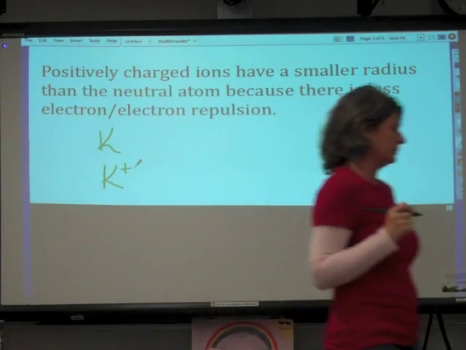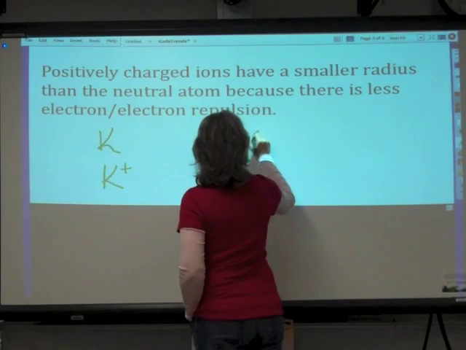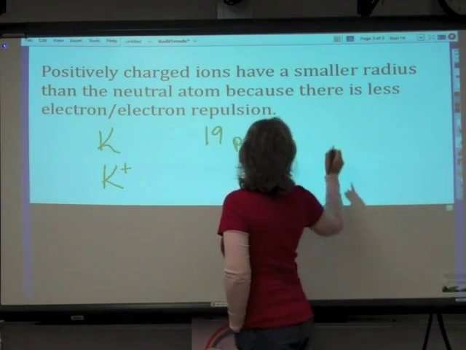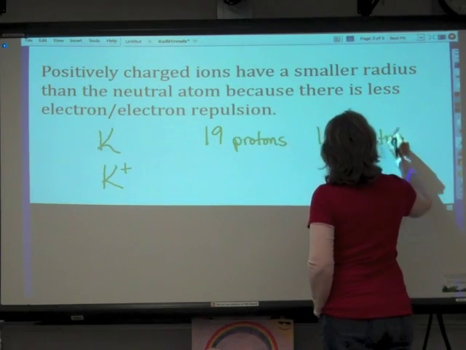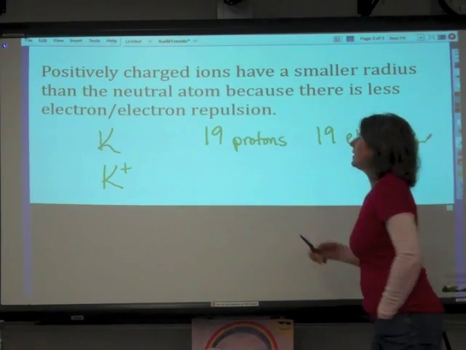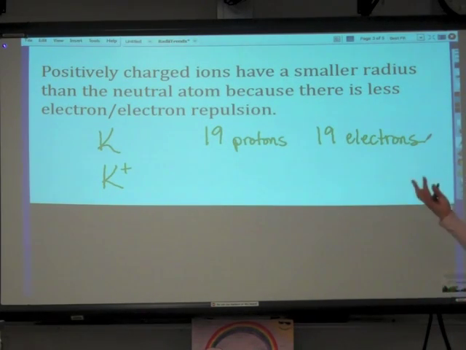A potassium atom has 19 protons and 19 electrons. Keeping in mind that these 19 electrons are all negatively charged, correct? A negative and a negative repel. So there's always this push and pull going on: the pull of the nucleus, but the push of the electrons against each other.